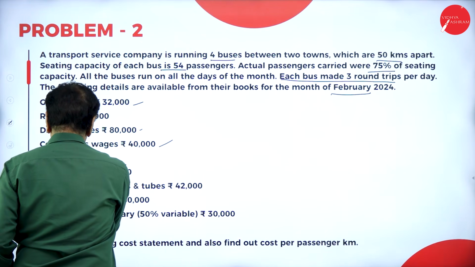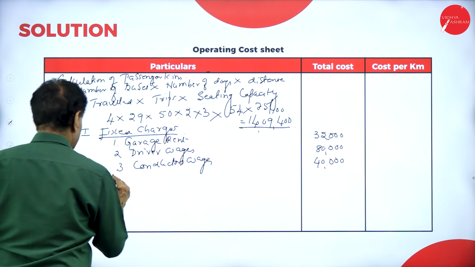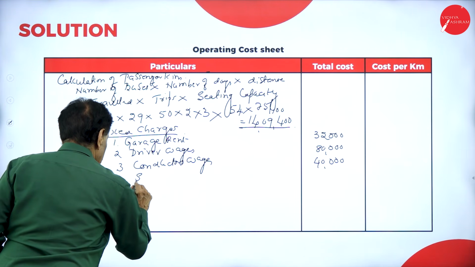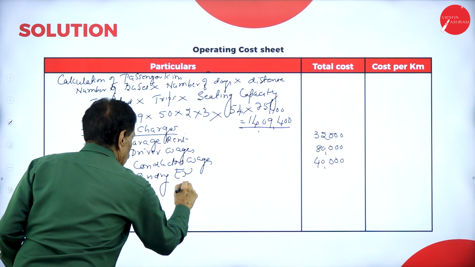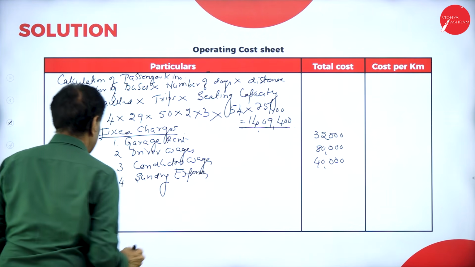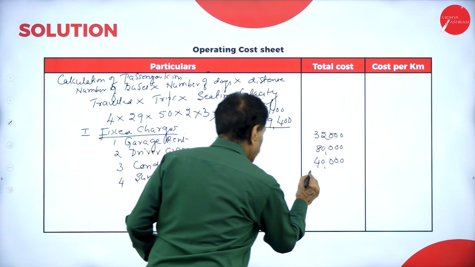Depreciation is variable, replacement tube is variable. Sundry expenses 50,000.